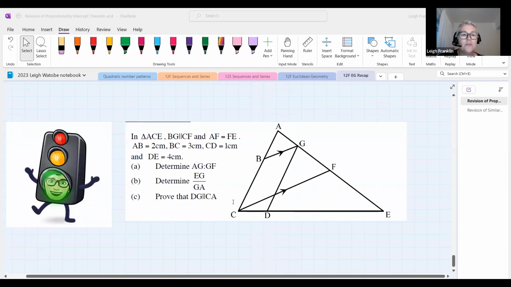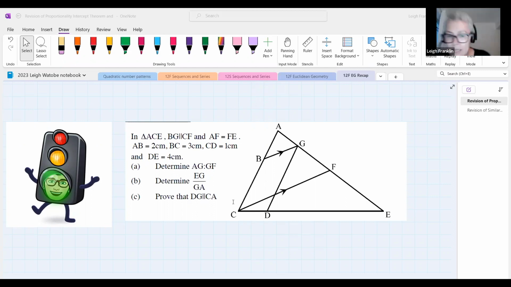Okie dokes. So now here we have to put everything together. What I want to do is let you try to do this by yourselves. You're going to need the proportionality intercept theorem, and you're going to need the converse of the proportionality intercept theorem.